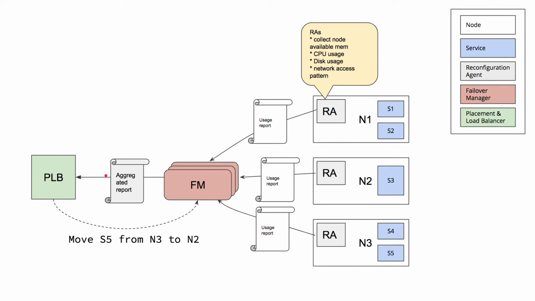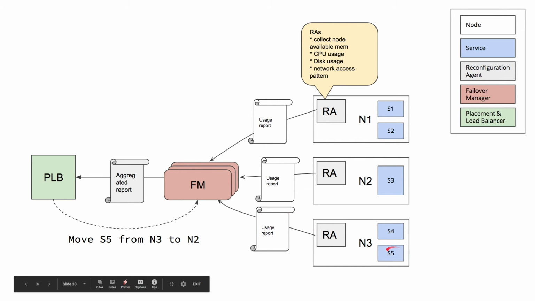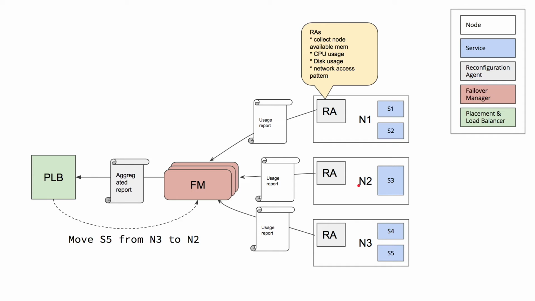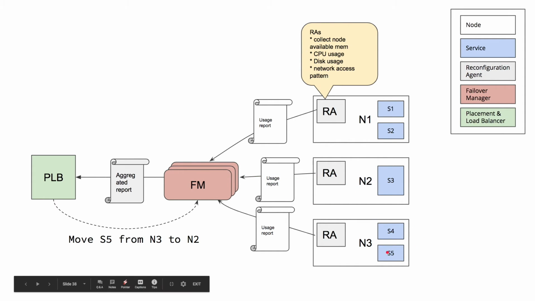The PLB looks at the reports, figures out the optimal place for the services to run, and tells the failover manager to reconfigure or to move a service replica to another node. For example, if node 3 is running out of resources and service 5 is suffering because of it, and the PLB sees that node 2 has extra room, it tells the failover manager to move service 5 from node 3 to node 2.